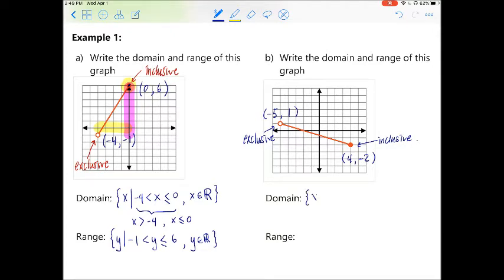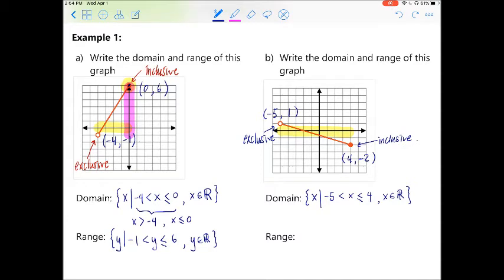Domain is in terms of x, so x such that the lower limit of x is -5, and it goes all the way up to 4. So we're going to do x is in between -5 and 4, and inclusive on x equal to 4, where x is an element of all real numbers.